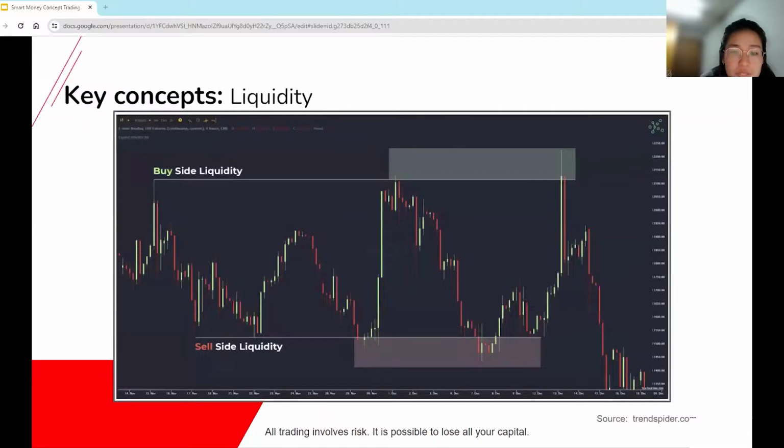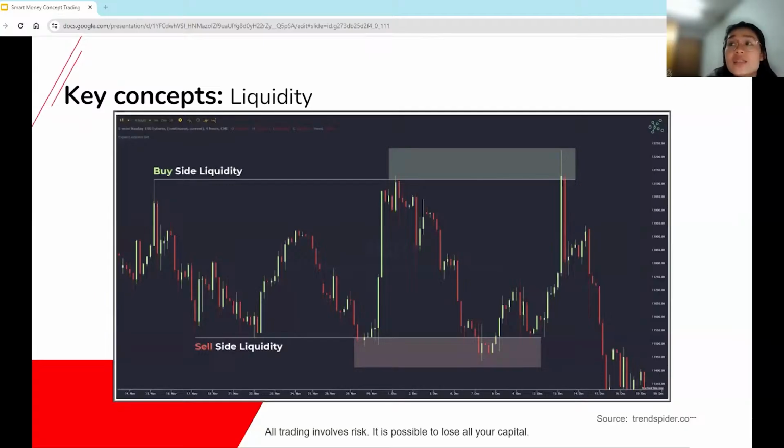Okay, so let me show you an example here. You can see your buy side liquidity is basically the area where there are two swing highs. Sell side liquidity will just be where there are two swing lows. Now, smart money players will understand the nature of this concept of liquidity, and they will accumulate or distribute positions near levels where many stops reside.